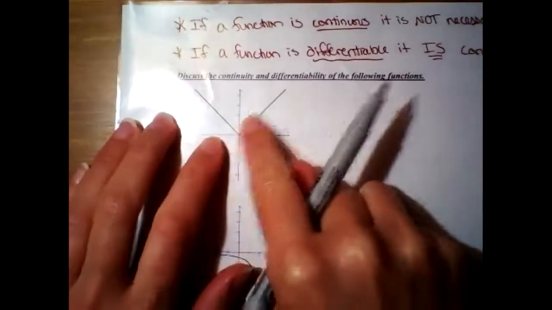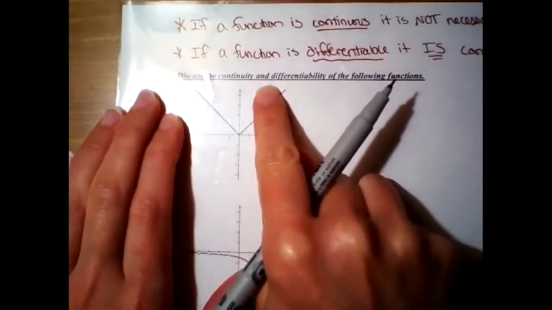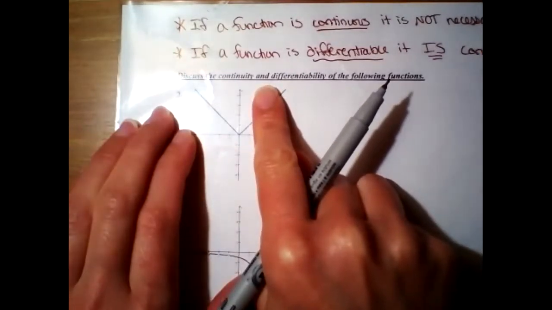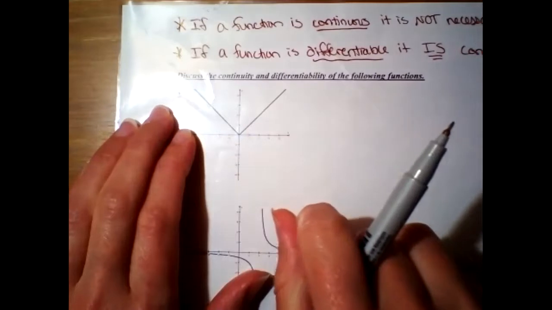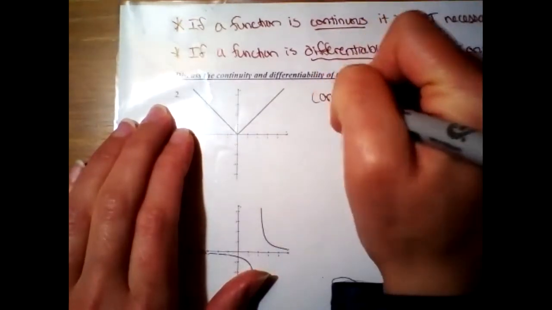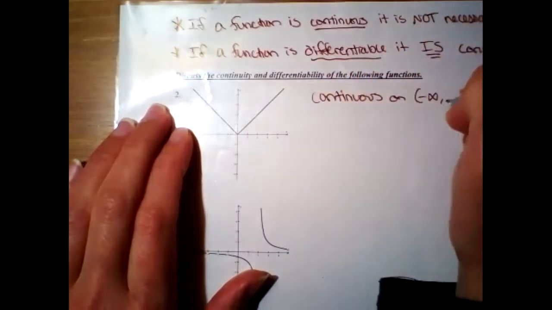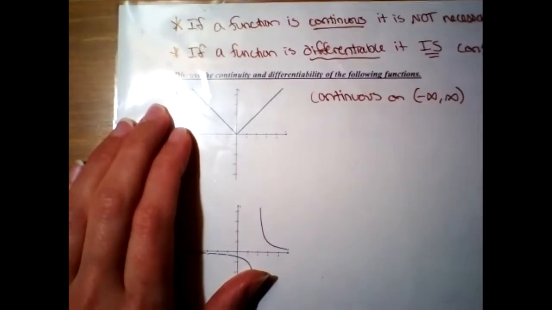Can I trace it without lifting my pencil off the paper? Hearing yeses from 2 of you. Okay. So yes, we are continuous for the entire number line. Continuous on all reals.